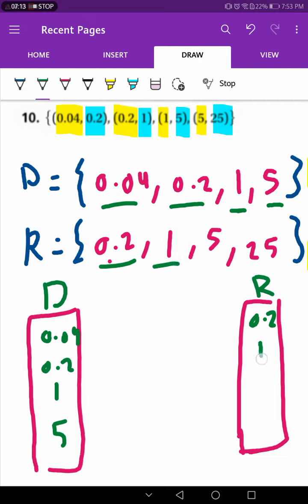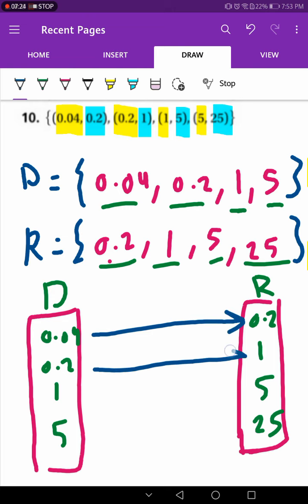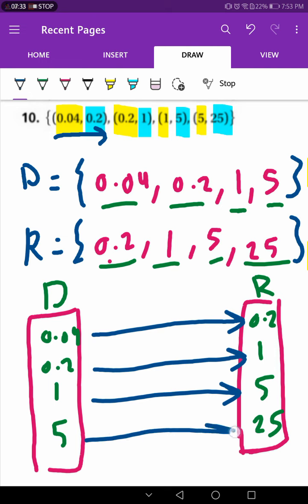And draw arrows from the domain to the range. See, 0.04 with 0.2. As you see, each element in the domain has only one image in the range. One arrow for each element in the domain. That means the relation is a function.